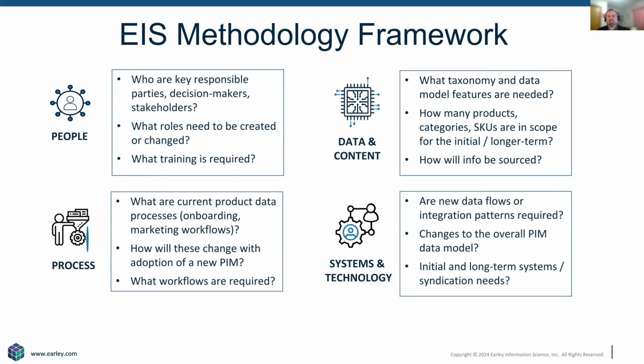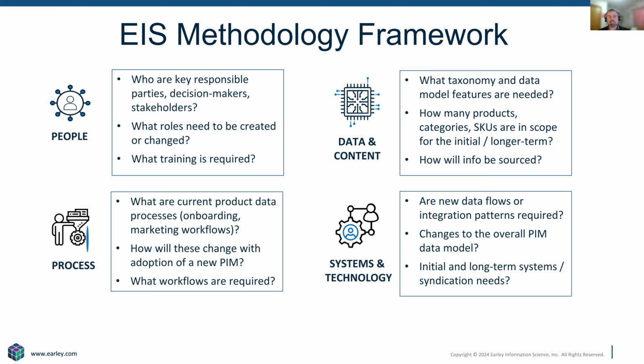So from an EIS perspective, we believe that this can be a people problem, a process problem, a data and content problem, and a systems and technology problem. And these are complementary to other issues your business might be having. But when you look at your returns, especially in the economy we're in right now, reducing the cost of returns by keeping products in the customer's hands, by investing in these pieces that are going to help with sales, marketing, and logistics anyways, can be paid for just by the impact it can have on returns.